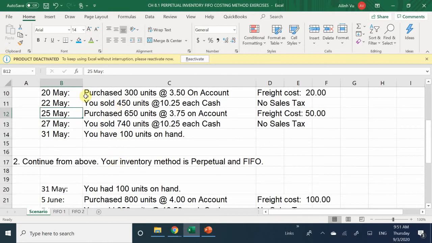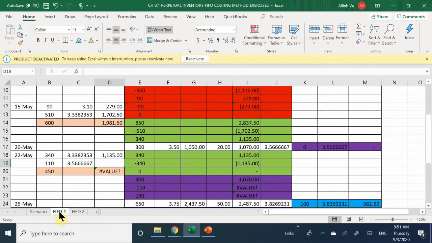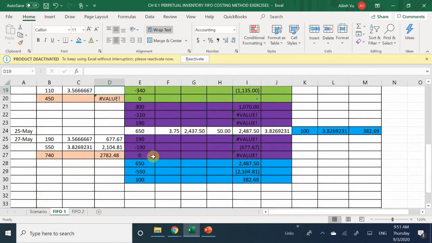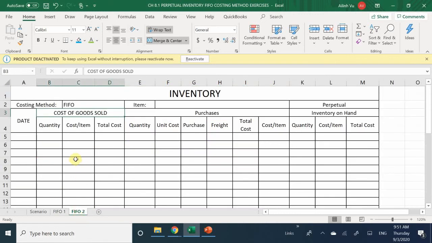So I'm going to give you this one, because I'm going to show you what you have to do. In this case, we're going to look at our previous one. This is a continuation, correct? So here we're going to continue forth with our batch of 100 items at $362.50. So here on my inventory worksheet number 2, where am I going to place this?